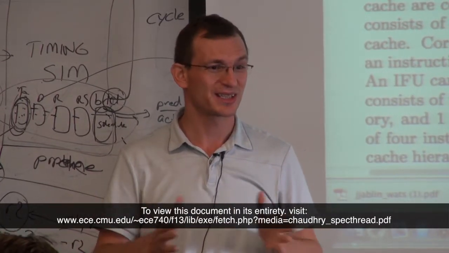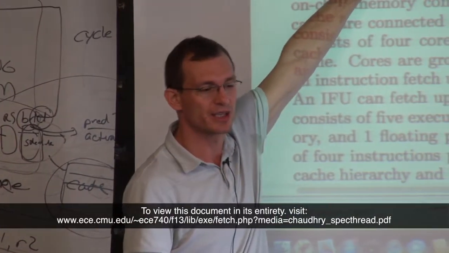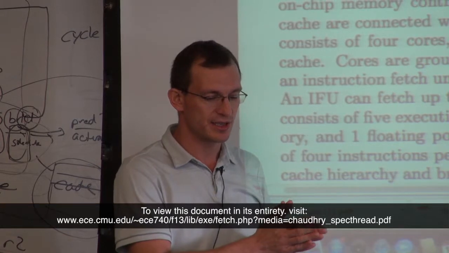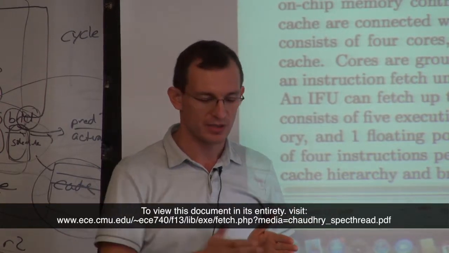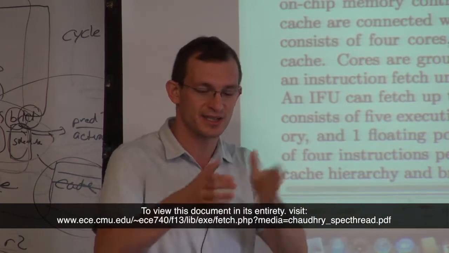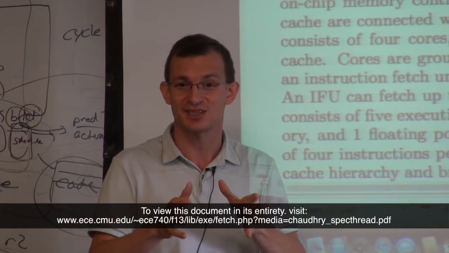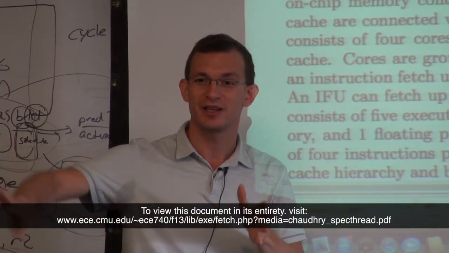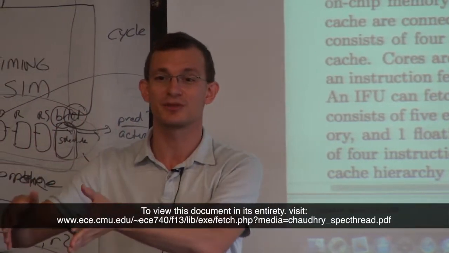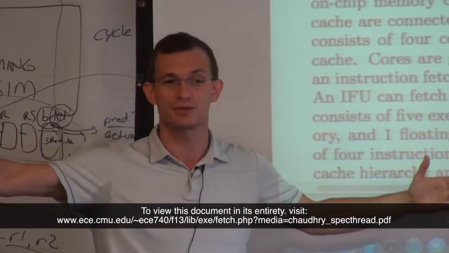Like, what are you testing? That's important also. So there's sampling-based simulation. What it does is it basically runs through the program. It does some functional simulation, and then it does some detailed microarchitectural simulation for maybe 10,000 instructions. And then it runs a little bit more, and then it does microarchitectural simulation for 10,000 instructions. So this way you can sample the execution of a large workload.